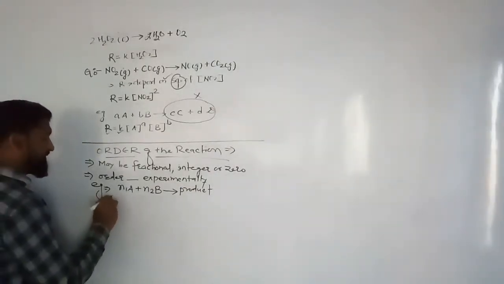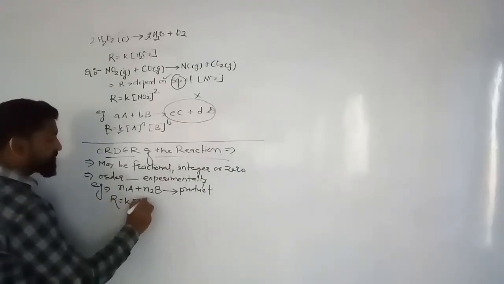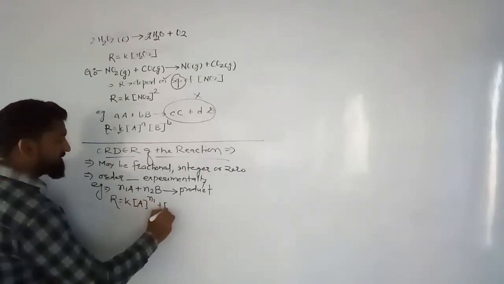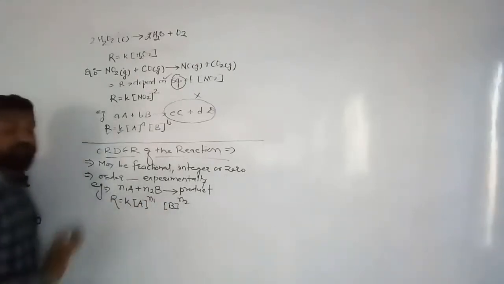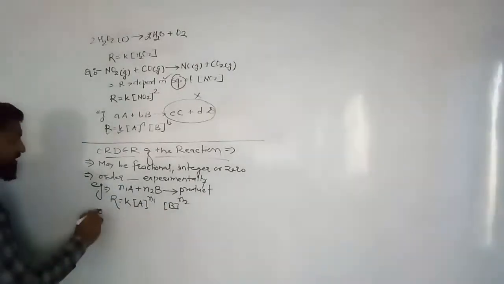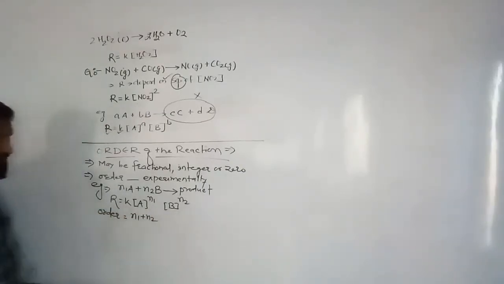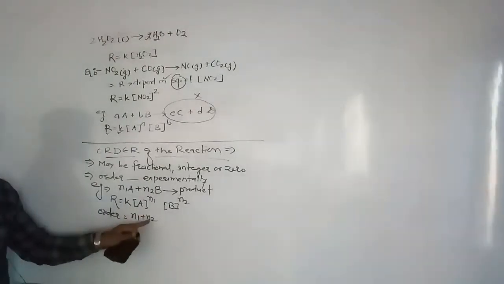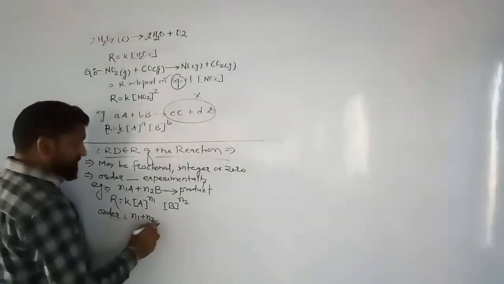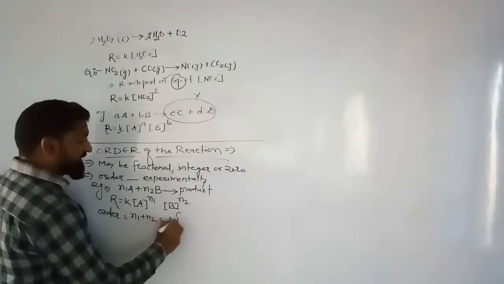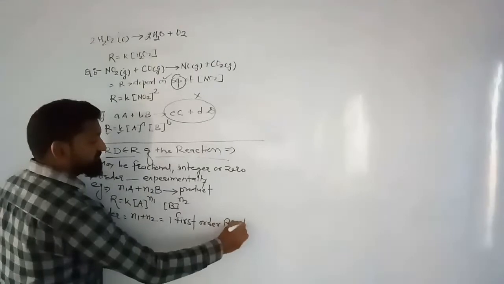Rate law will become R equal to K into [A] raised to power n1 multiplied by [B] raised to power n2. So here the order of the reaction is equal to n1 plus n2. What are n1 and n2? n1 plus n2 is nothing but the order of the reaction. If n1 plus n2 is equal to 1, then it is called first order reaction.